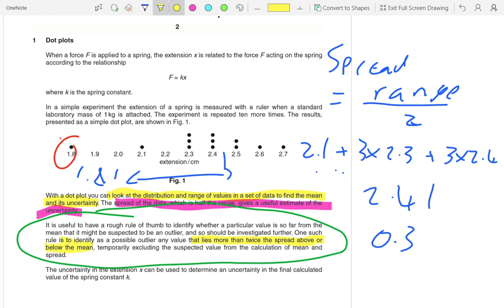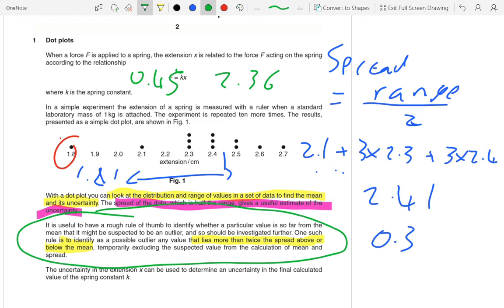So if you did that including 1.8, so including a suspected anomaly, it would always be included because you're just adding or minusing the whole range from the mean. So if you did it with 1.8, then the spread of the data would be 0.45. So you'd have 0.45 as the spread instead, and 2.36 as the mean.